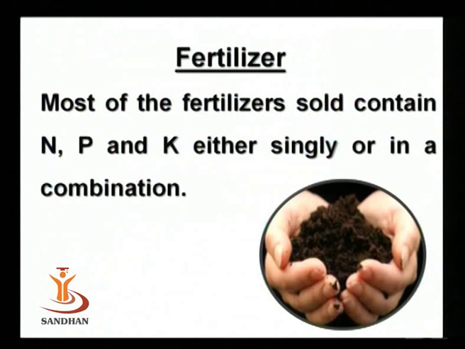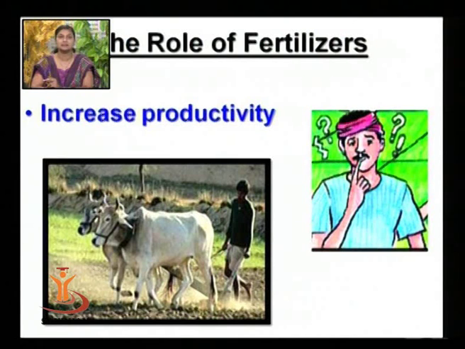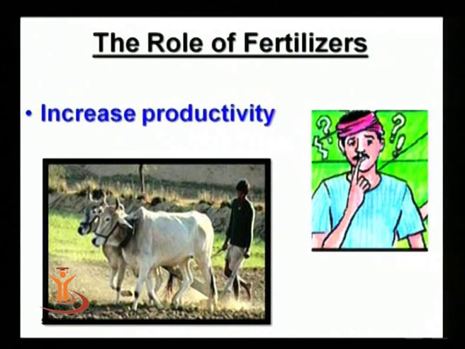Most of the fertilizers sold contain nitrogen, phosphorus and potassium, either singly or in combination. What does it mean? Nitrogen, phosphorus and potassium are required elements for plant growth that may be applied in single form or in combination via fertilizer. Now one question may arise in the mind: what exactly is the role of fertilizer? Why use fertilizer?